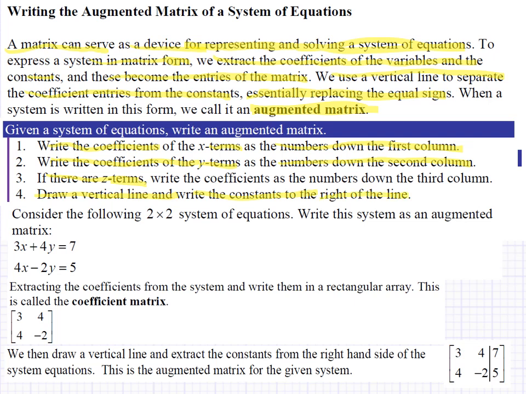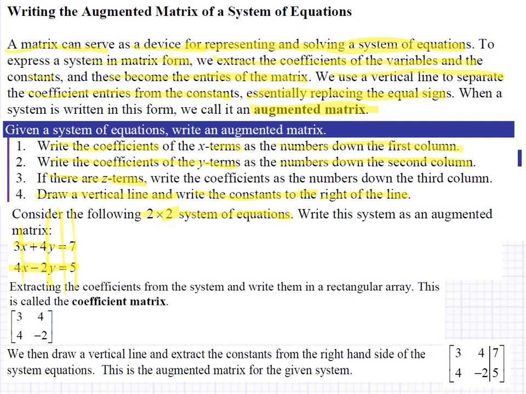So very simply, if we looked at a 2 by 2 system of equations, which means we have 2 equations and 2 variables. Let's say it was this system right here. First thing, we set it up so that our x's are lined up, our y's are lined up, our equal signs are lined up, and then the constants on the other side.